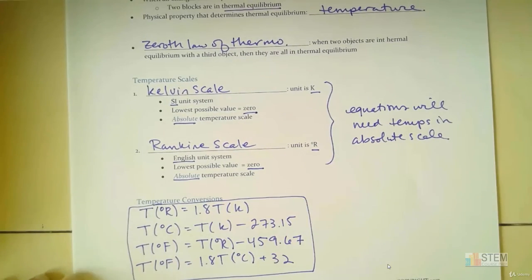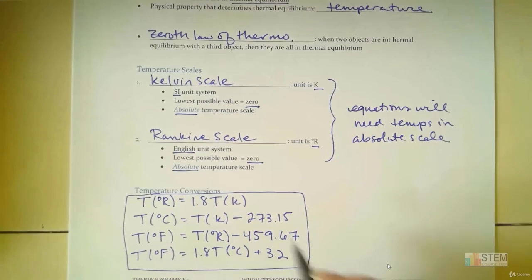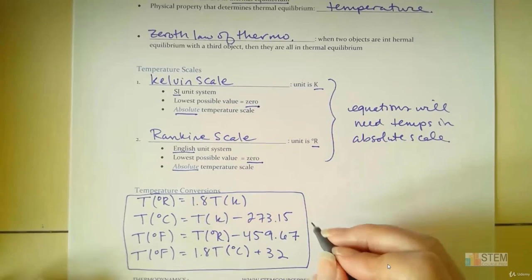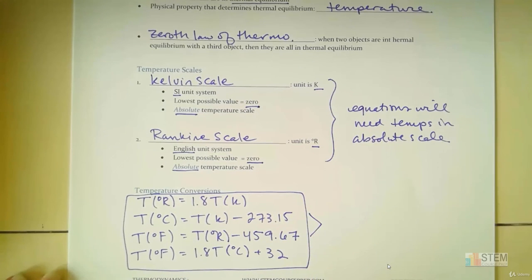All right, so those are going to be our temperature conversions. We will use these a lot throughout this course, especially these two right here. So you might want to make note of them so they're easy to find. That way you don't have to search for them later.